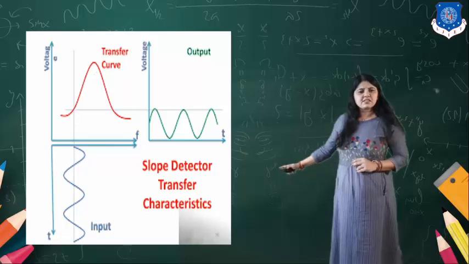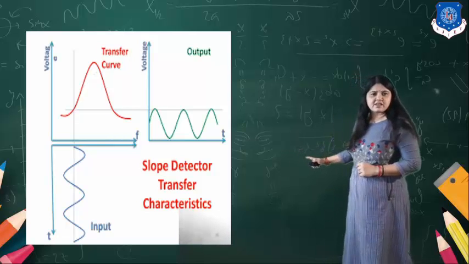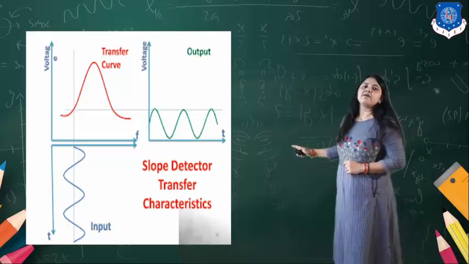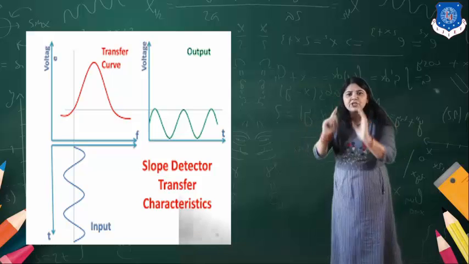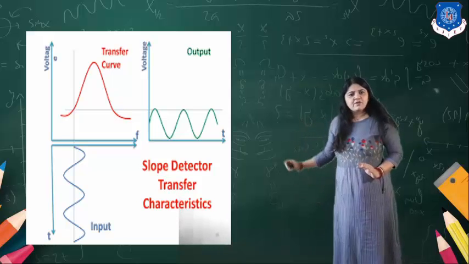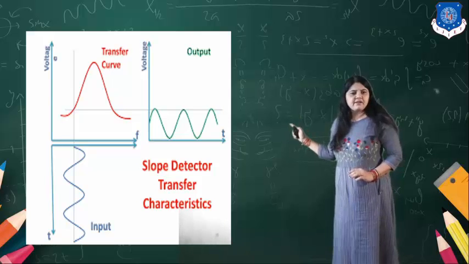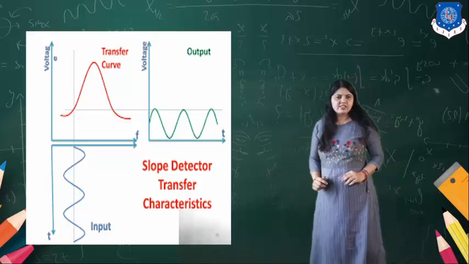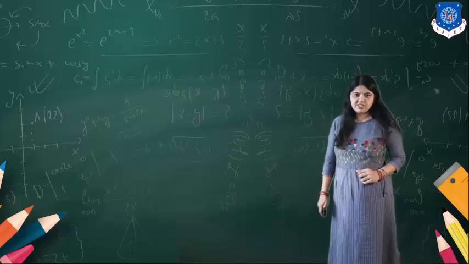So this is the slope detector transfer characteristic. You can see the transfer curve for the output of the tuned circuit, where we can have the output voltage, and similarly over here you can see the variation in the input voltage.